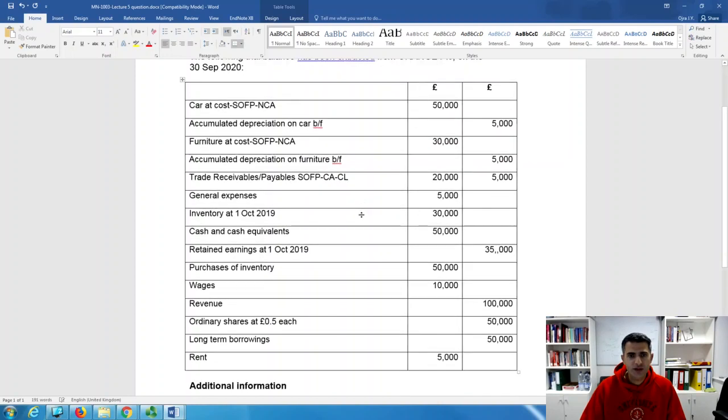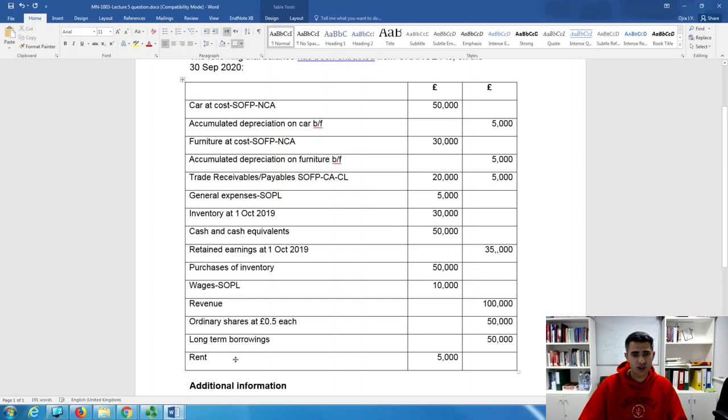In terms of expenses, general expenses, we did say that all expenses should be recorded under the statement of profit or loss, under the expenses section. So any type of expenses should be there. Of course we need to do workings for expenses. So far we have general expenses, we also have wages. Wages is also an expense, in the statement of profit or loss.